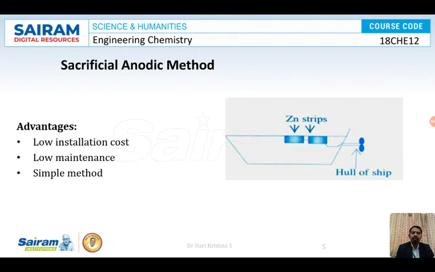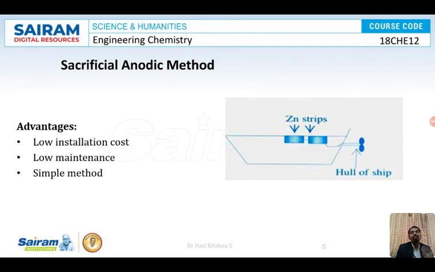To prevent this, we connect a hull, a hook type piece which is used to tie the ship at the seashore. The hull will be made of either zinc or magnesium. As soon as you attach it to the base of the ship, the entire base becomes cathodic. The zinc or magnesium starts to act as anode, undergoes oxidation corrosion, and supplies electrons to the base of the ship.